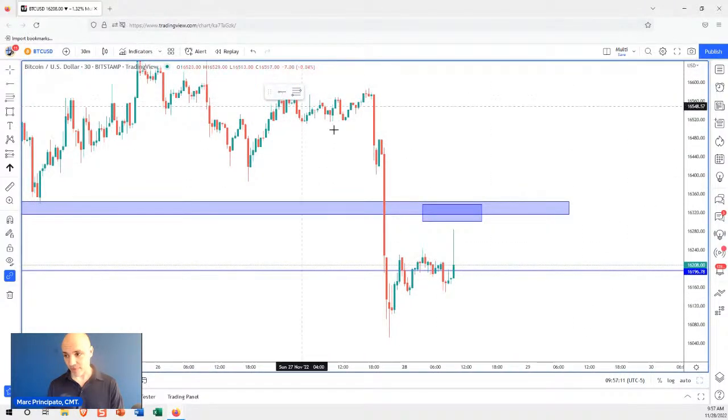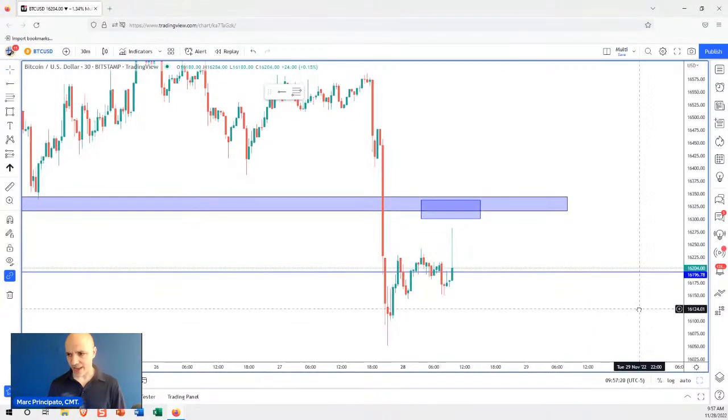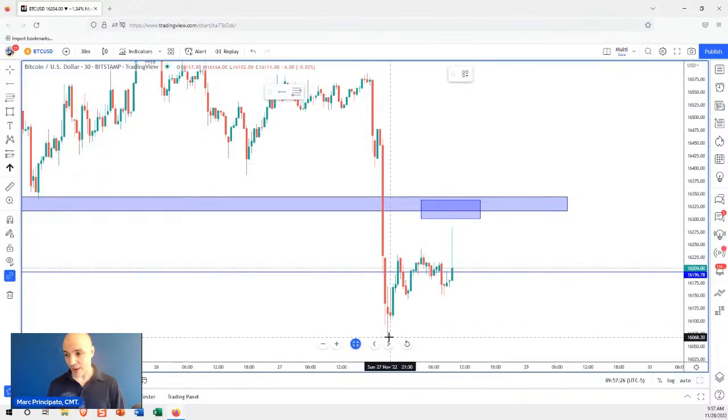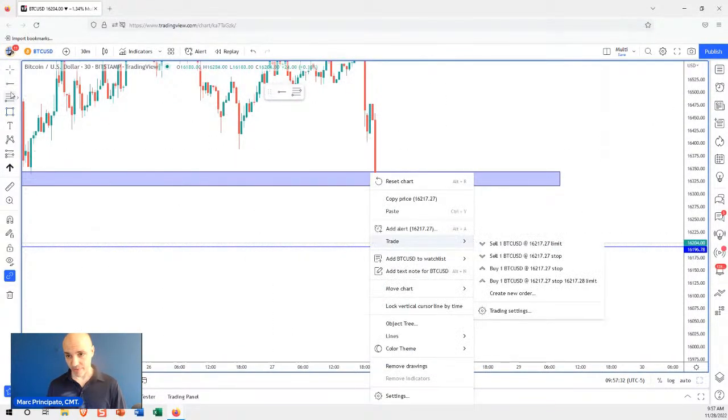So that's one level. Another level, a more minor level, is going to be this resistance right here, which is what? 16,242. All right, so the 16,250 area, which basically we've rejected, okay? I mean, look at this pin bar. That's a 30-minute pin bar. Now, as far as supports go, we are in a generally supportive area. This is generally supportive, okay?